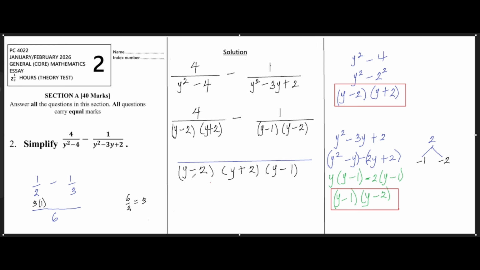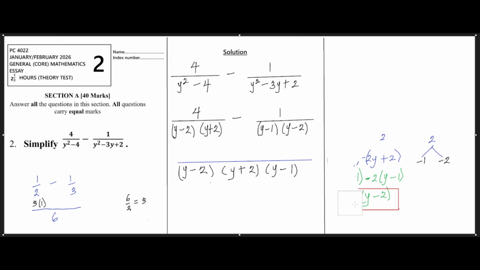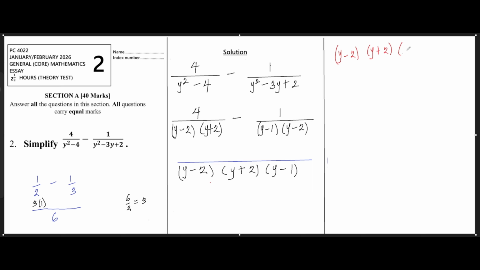Here, what is our LCM? Let me get some space. Our LCM is y minus 2 multiplying y plus 2 multiplying y minus 1.